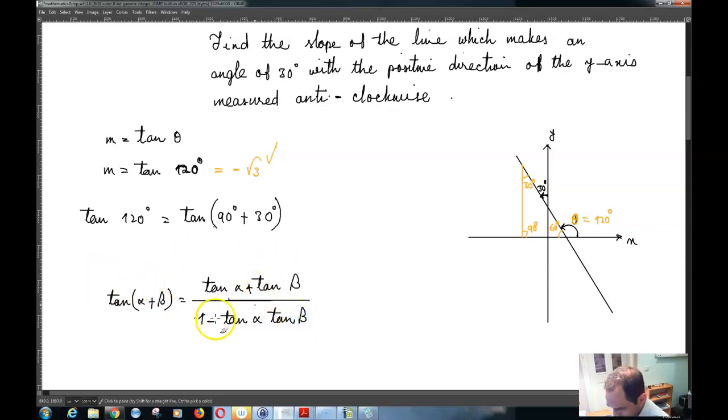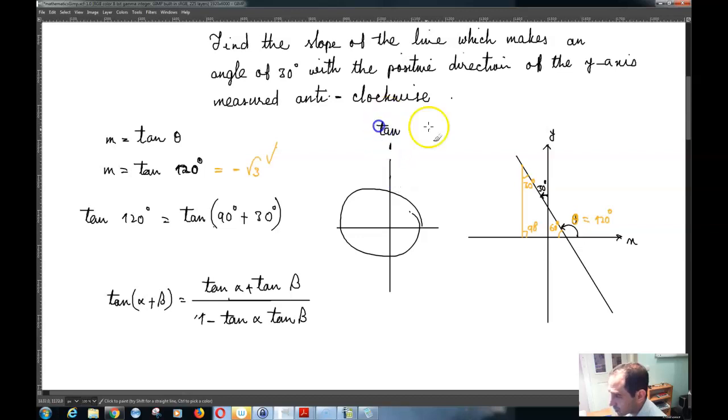It would be nice if you could use this, but the problem here is that one of your angles is 90 degrees, and the tan function is not defined here. Over here, the tan is undefined. So I cannot write tan of 90 degrees in this formula, so I cannot use it.